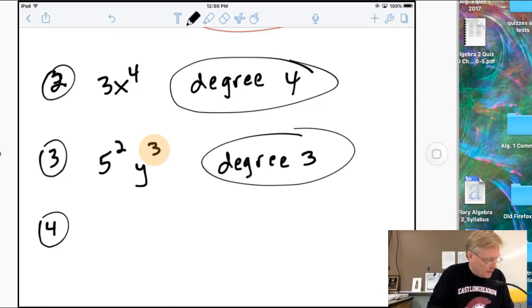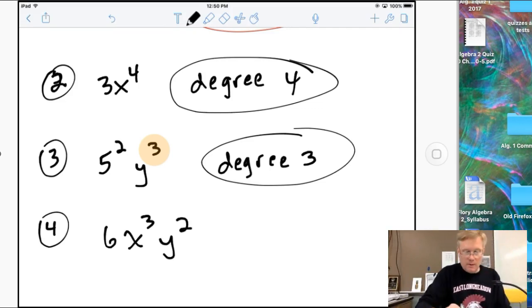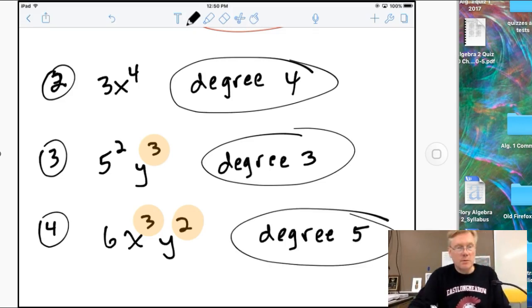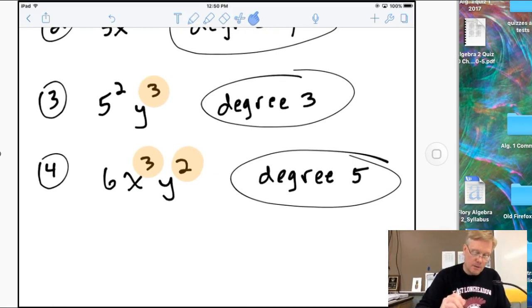For example, if I had 6x to the third, y to the second, since these are different variables, that has a degree of 5, okay? You add the two exponents together, and that's it. I don't change it, just leave it as degree of 5. So that's how you find the degree of a monomial.